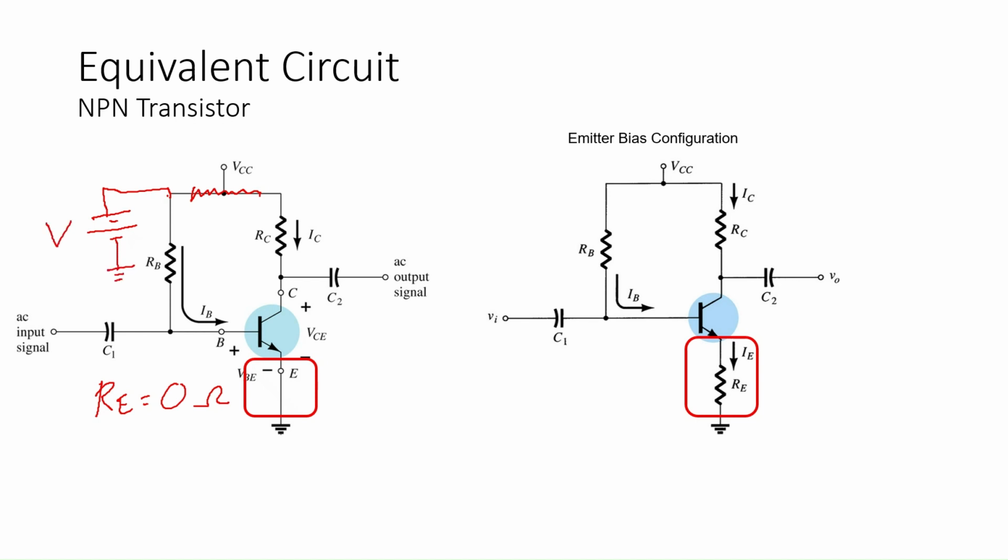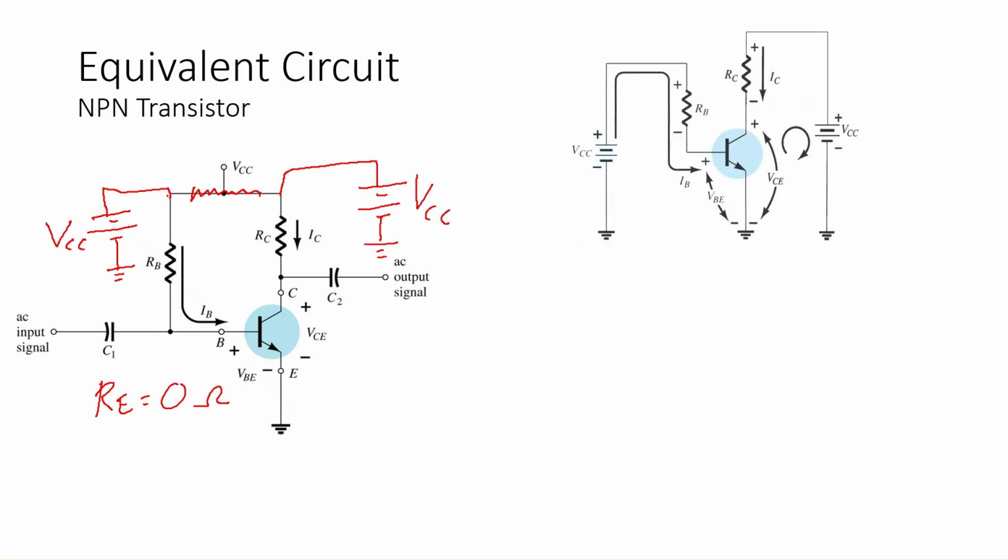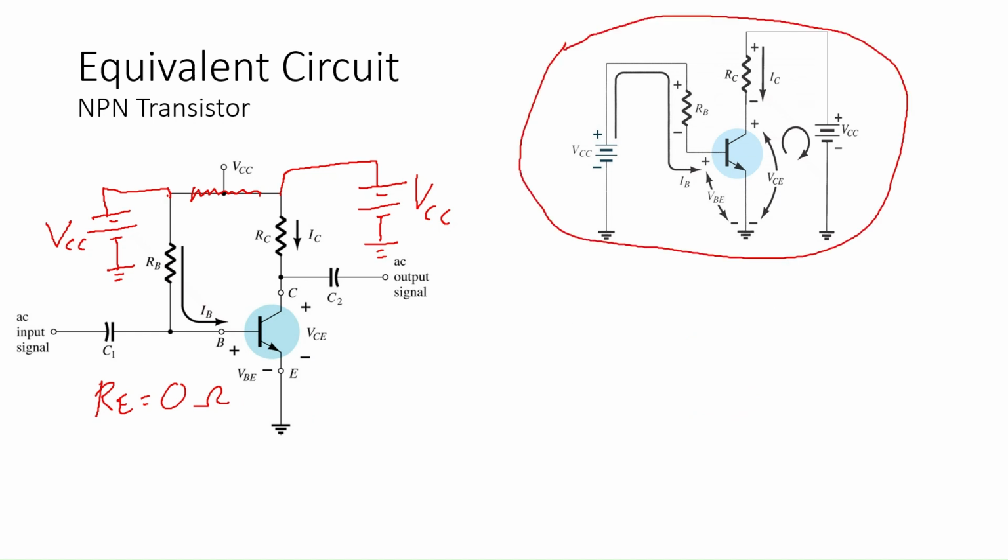Let's label this one as VCC, and then from here we connect another VCC, positive and negative terminals, and connect to the ground. The value is the same VCC. This is the full equivalent circuit for fixed bias configuration.